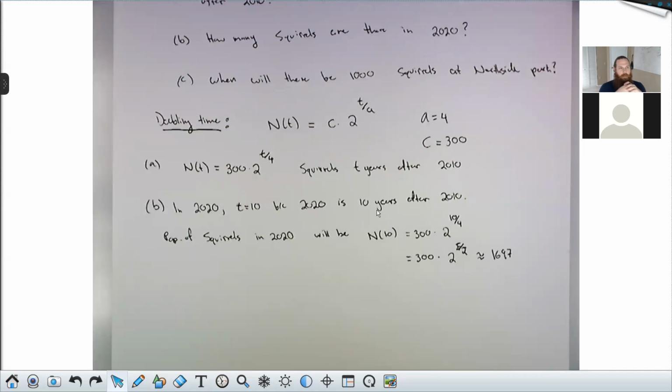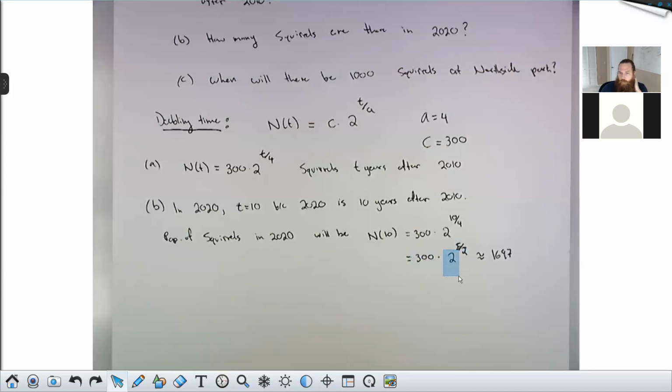Any questions on parts A and B? When you go plugging these sorts of things into your calculator, there are a few things you need to keep in mind. It's only the 2 which is being raised to the power 5 halves. Make sure you don't raise the 300 to that power also.